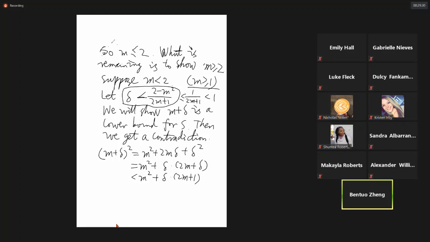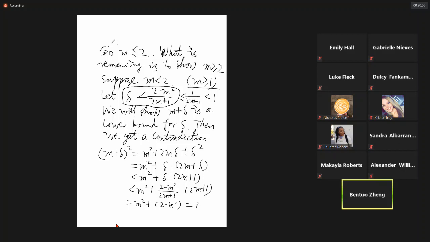And then we use our choice of delta, because delta is less than 2 minus m squared over 2m plus 1. So this is less than m squared plus 2 minus m squared over 2m plus 1 times 2m plus 1. So this is equal to m squared plus 2 minus m squared, which is equal to 2.